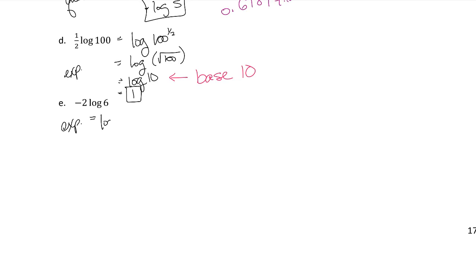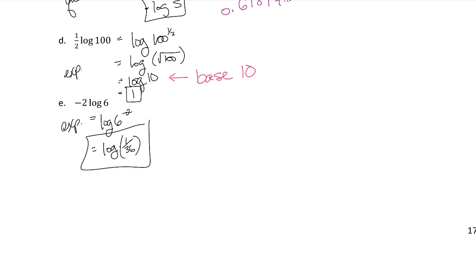Finally, we've got log 6 to the power of -2. Again, negatives mean fractions. Rather, negatives mean reciprocals, which ends up being a fraction in this case. Log 1/36. Okay, and I would have to punch this in. That's as simplified as I get.